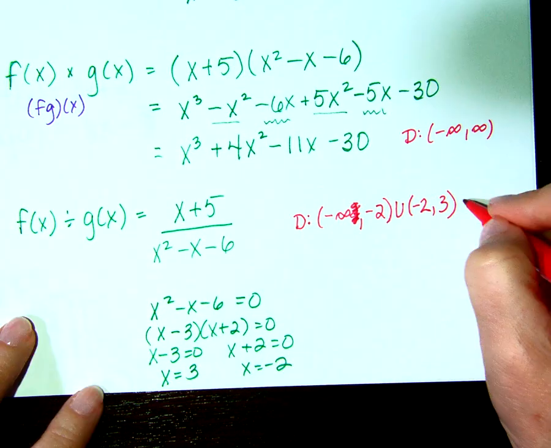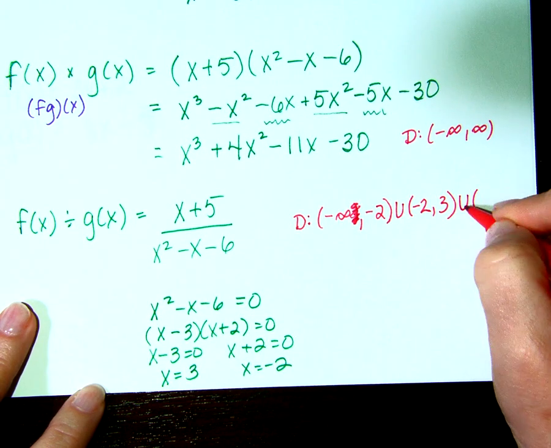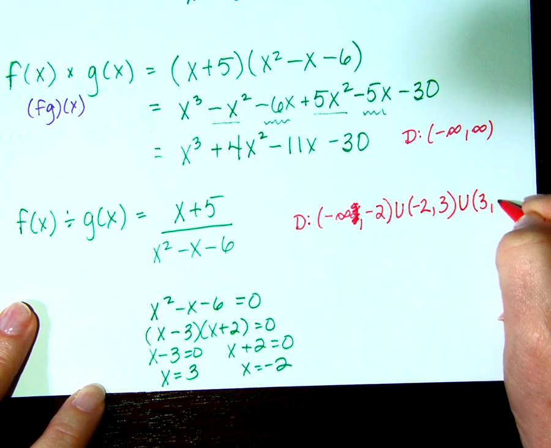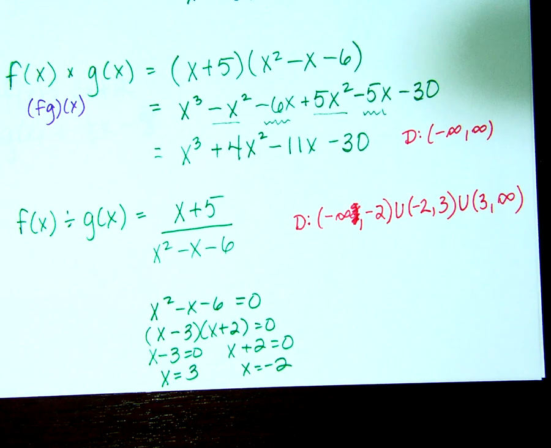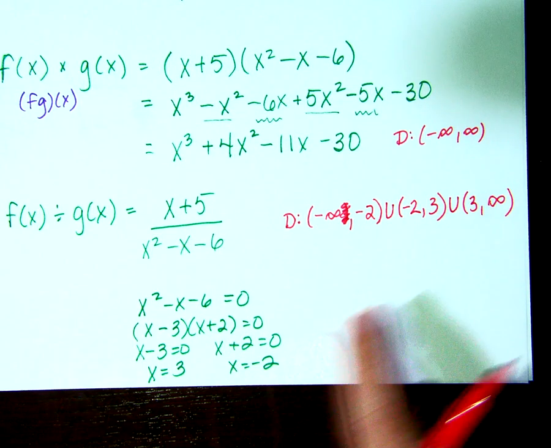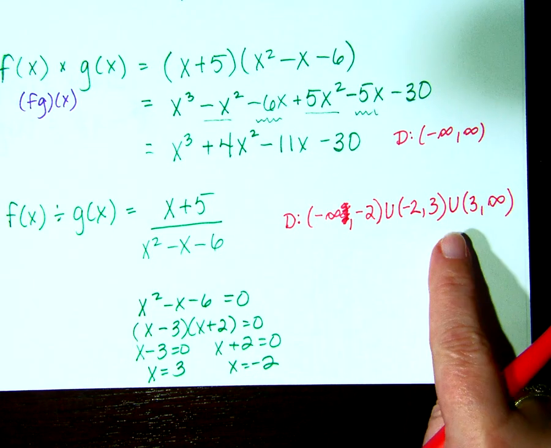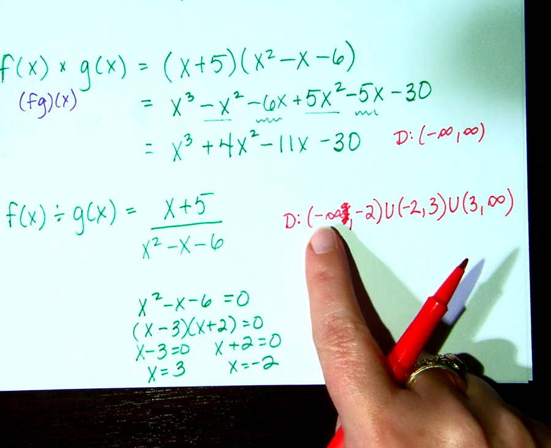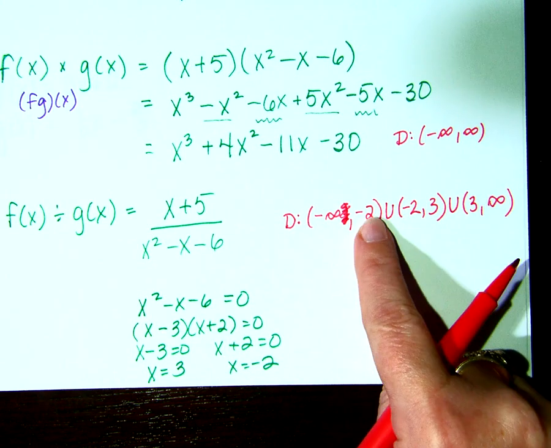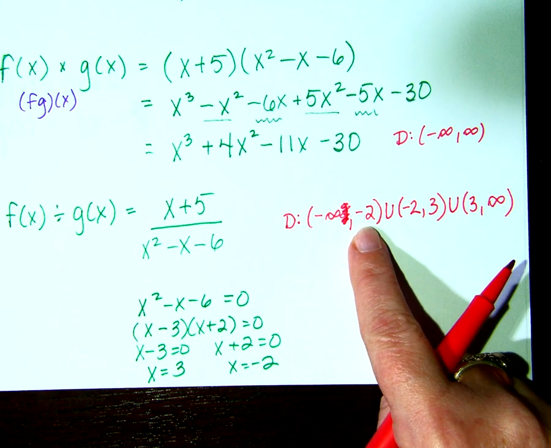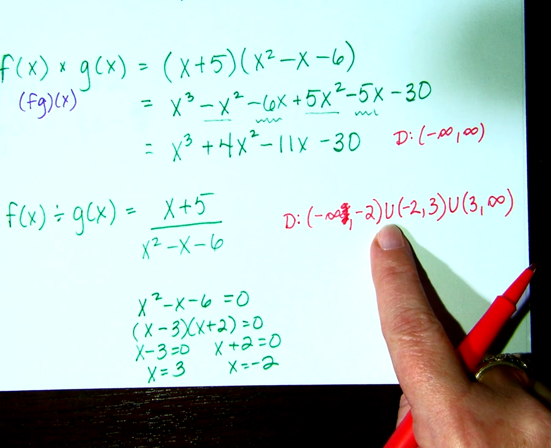And then I have to stop and then start again on the other side of 3 and go to infinity. Okay? Just as a reminder, when we're talking about interval notation, we're using parentheses for numbers that are not included, and our U means union, right? It means and.